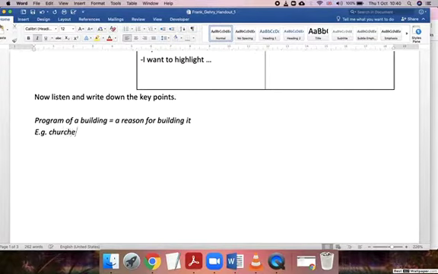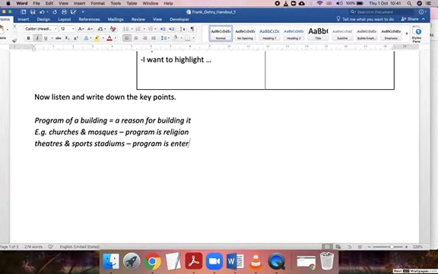That churches and mosques, yeah? Program is religion, yes? And theaters and sports stadium, for example, program is entertainment.